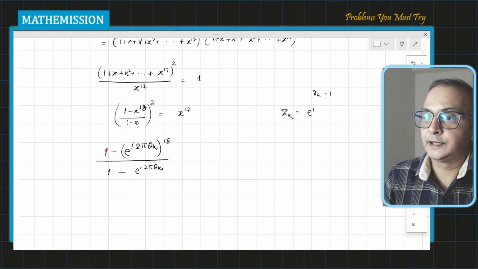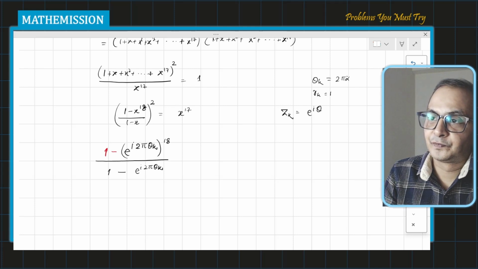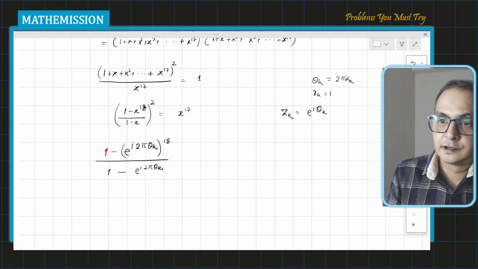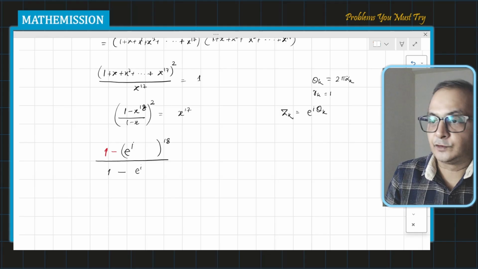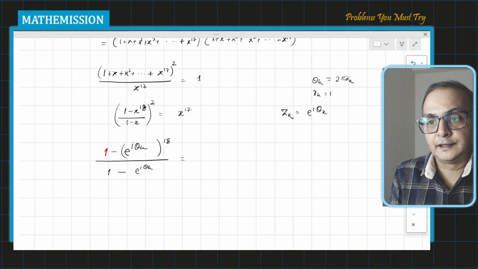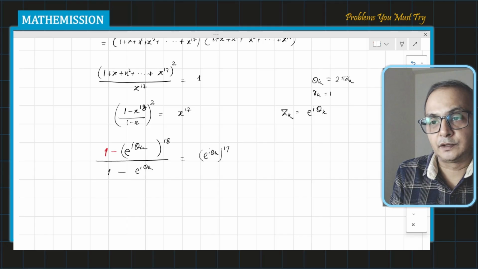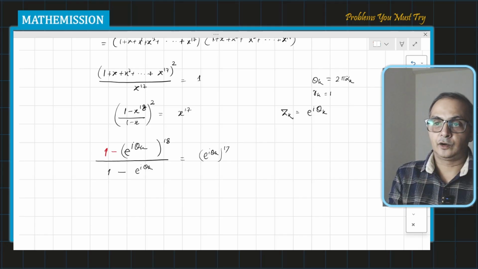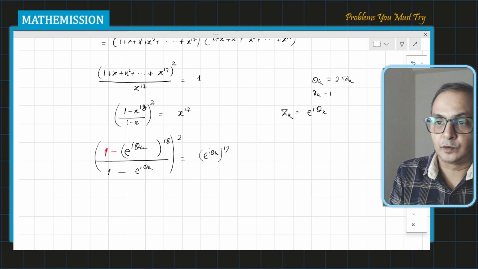I have assumed 2 pi alpha k to be theta k, so my life will be easier. So that will be theta k only, not 2 pi. Okay, so this is theta k, and this is also e to the power i theta k to the power 17, and this is squared also, no problem.